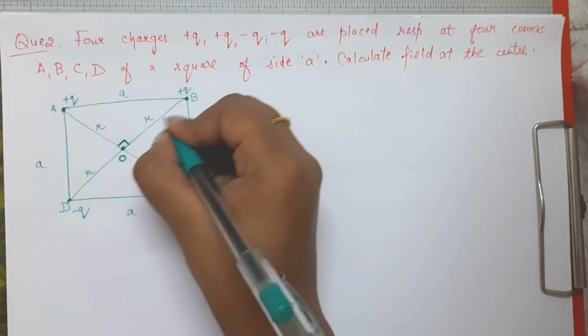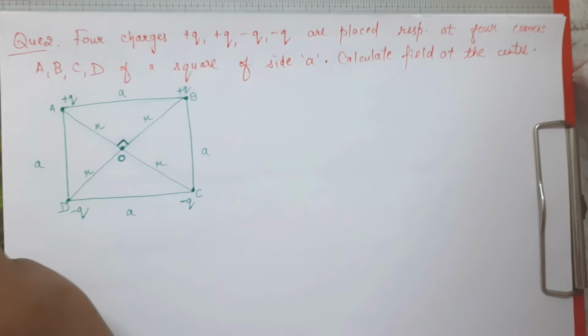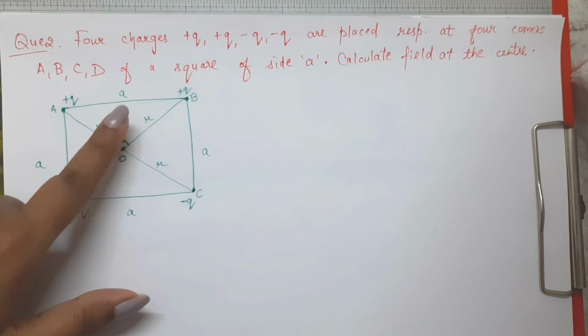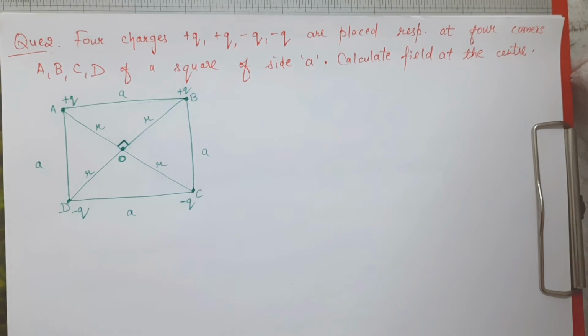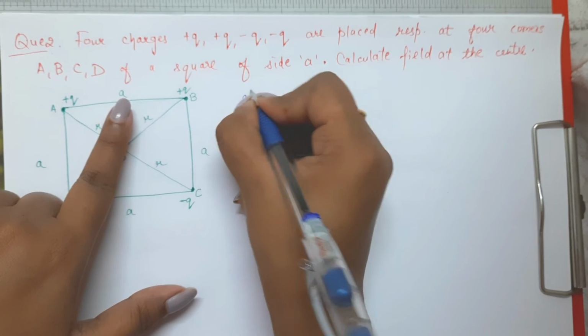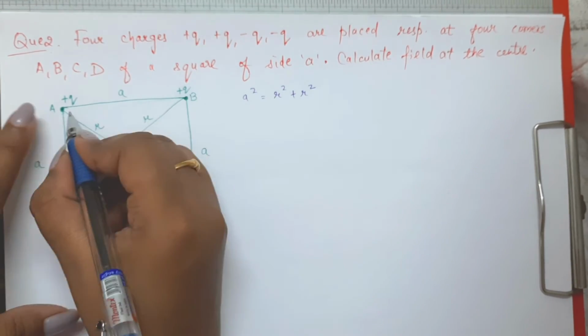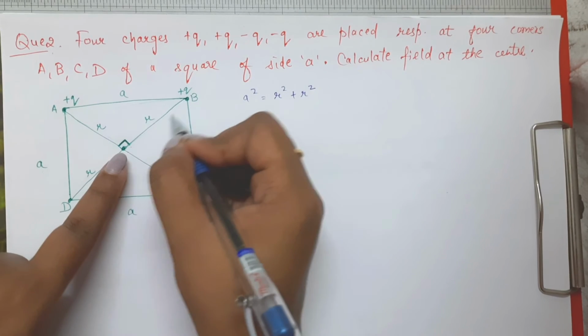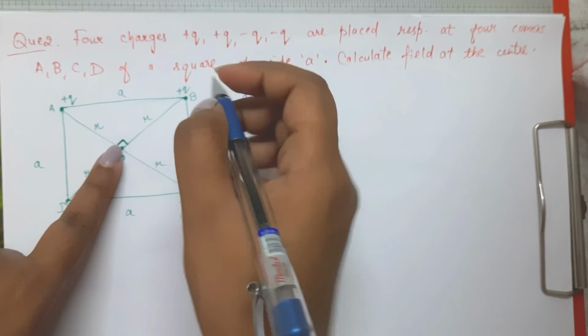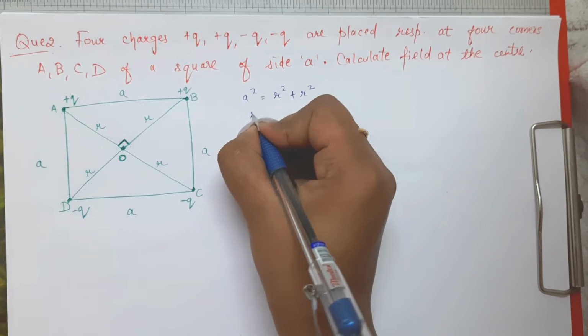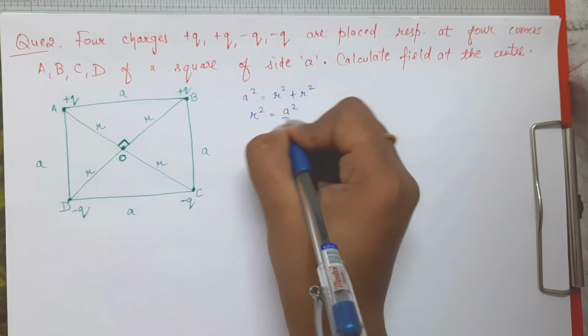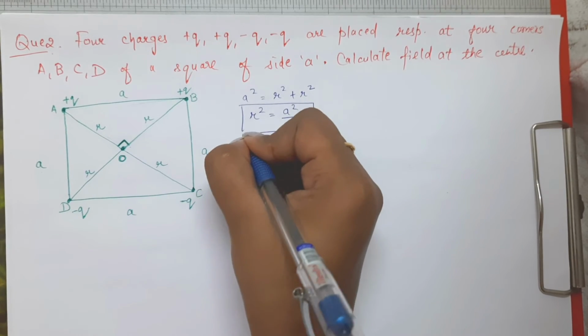Because this is a right angle triangle, we can use Pythagoras theorem. According to Pythagoras theorem, a square will be equal to R square plus R square, right? Hypotenuse square is equals to perpendicular square plus base square. So from here you can get R square is equals to a square by 2, right?